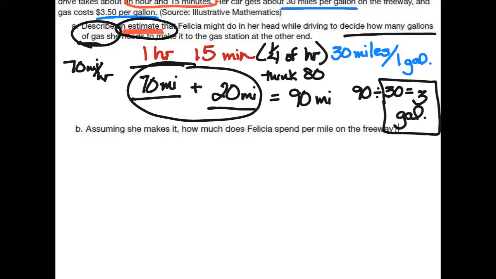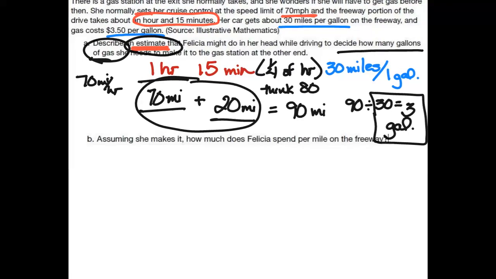Assuming she makes it to that gasoline station, how much does Felicia spend per mile on the freeway? How much? What is that talking about? It's talking about money, right? So how much is she spending per mile?